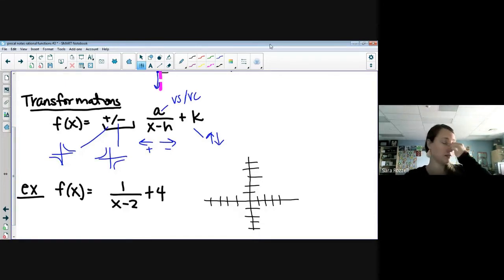For these graphs, they don't have to be super precise, but I do need you to have the asymptotes in the right spot and also be drawn in the right section. So based on if it's positive or negative.